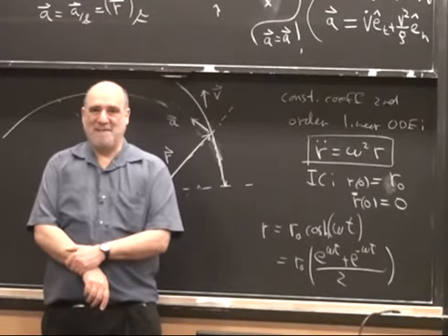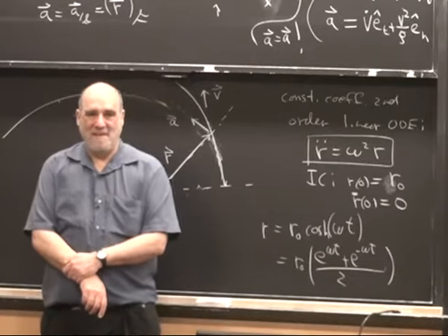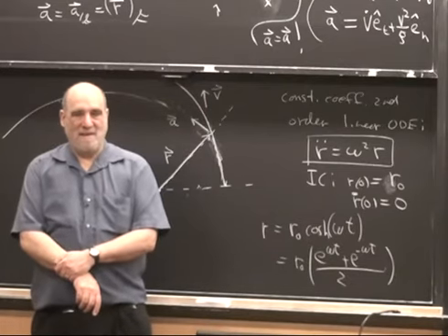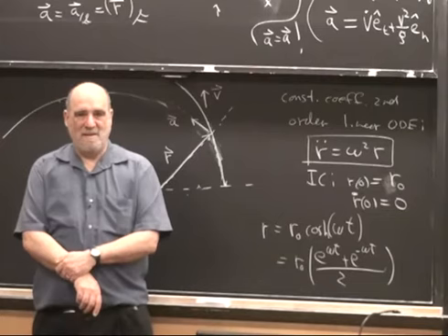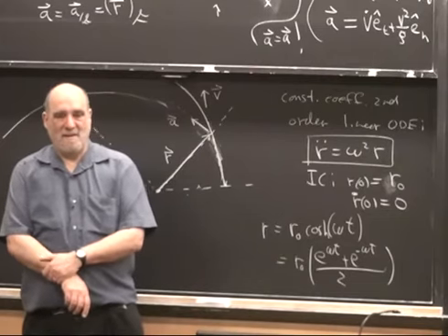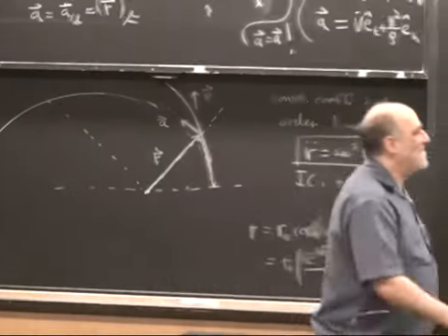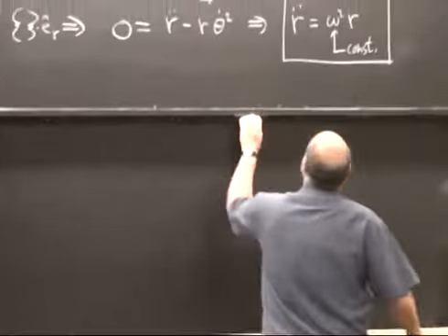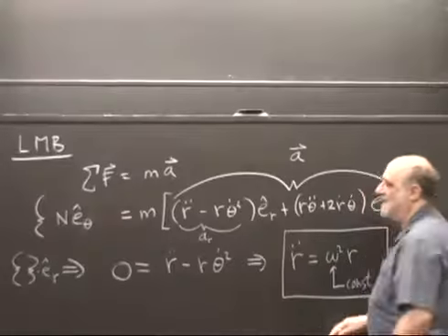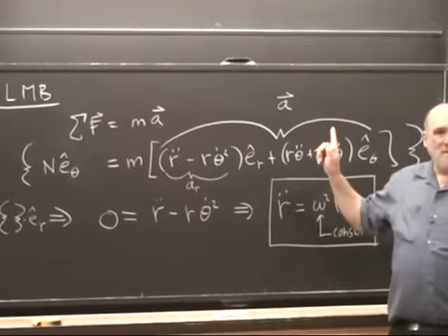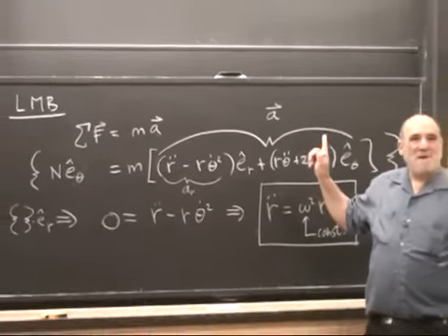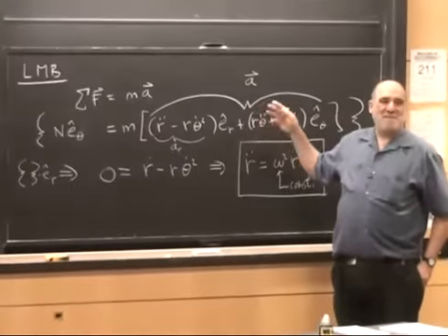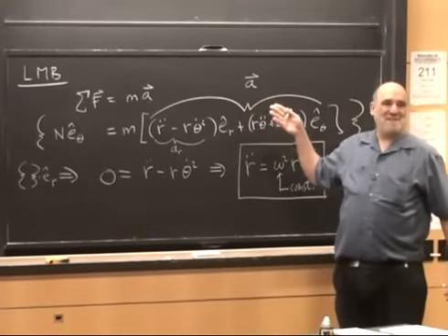Any other questions? Yes? Can you explain again why the acceleration in the radial direction is 0? Do you want me to explain it from this equation, or do you want to accept this equation and want to understand it physically?